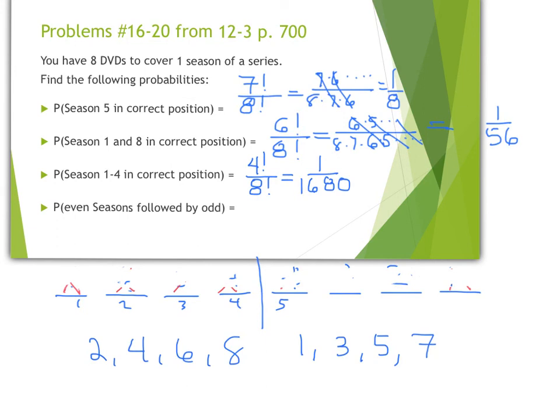So the probability of even followed by odd. So I have 4 evens that are going to go first. How many different ways can I permute these as a success? It would be 4 factorial, because I have the 4 different even seasons, followed by 1, 3, 5, 7. I have 4 seasons there, so followed by 4 factorial. So this one's going to be 4 factorial times 4 factorial over your 8 factorial, and that would be reduced to 1 over 70.